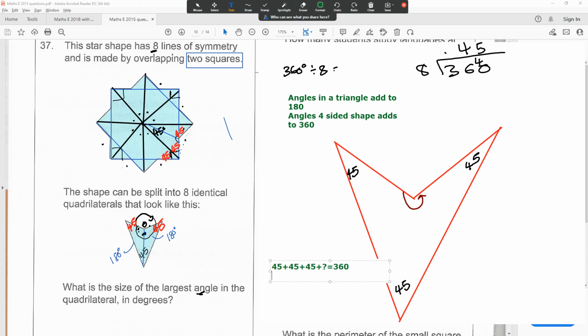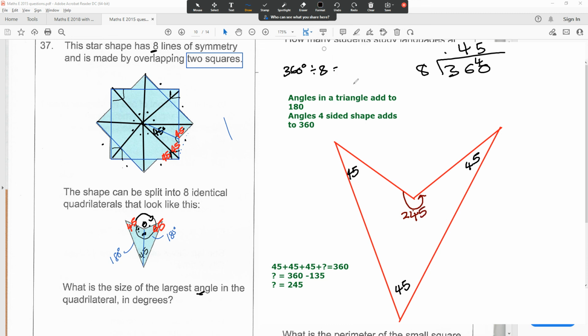What will that missing angle be? It'll be 360 minus 135, which is 225. So that's 225, which means that angle there will be 225 because it will then add up to 360.